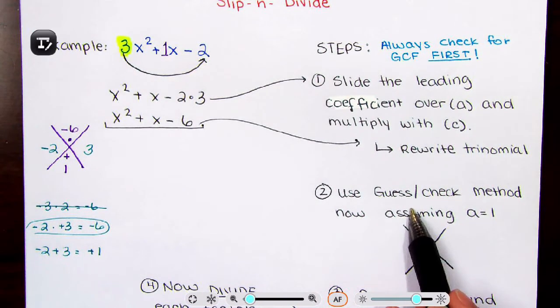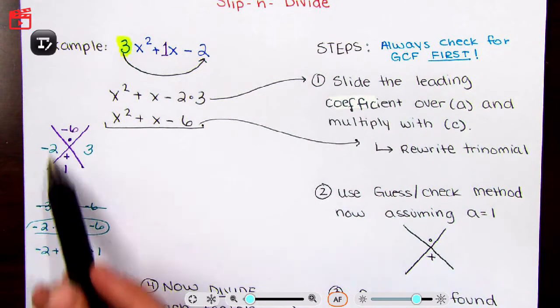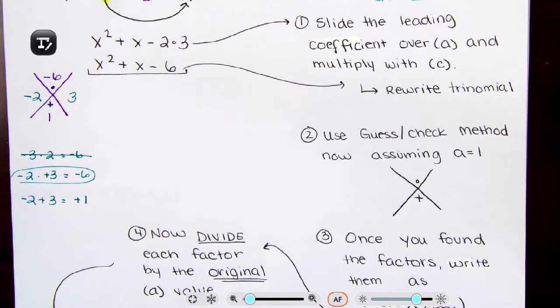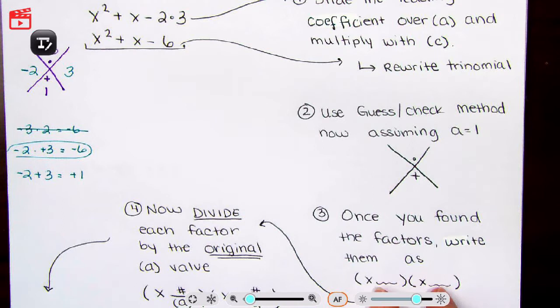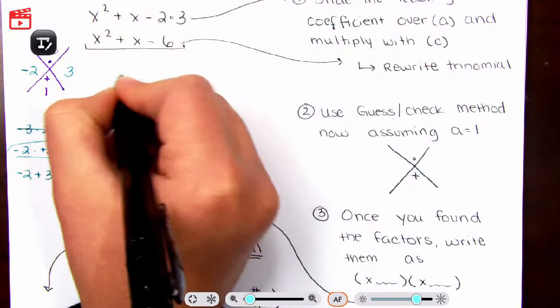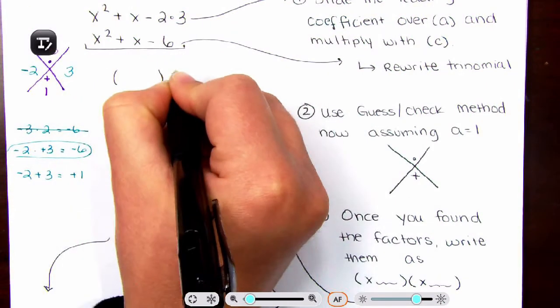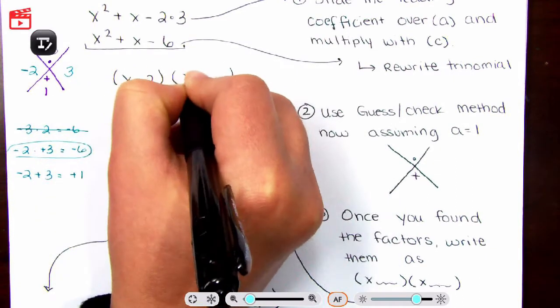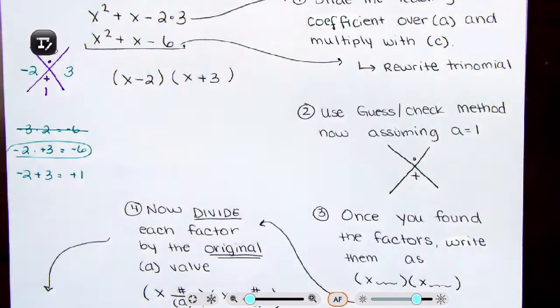So now that we've used guess and check, which is this step number 2 here, we're going to move on to step number 3. Once you found the factors, write them as our standard factored form. So I'm going to write this as our standard factored form here. And I have x minus 2 and x plus 3.